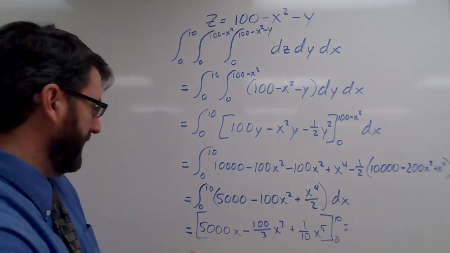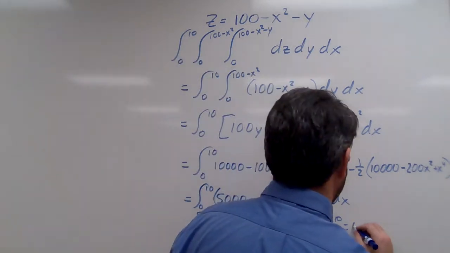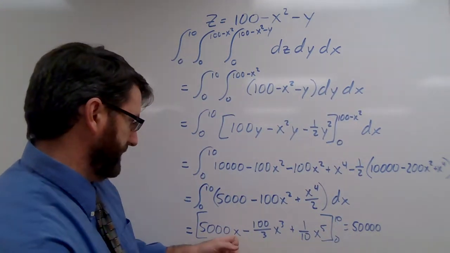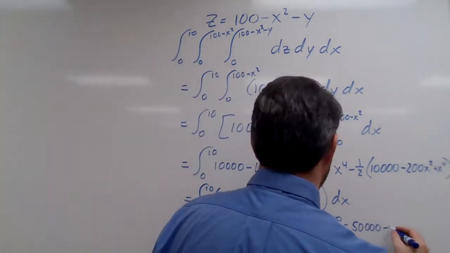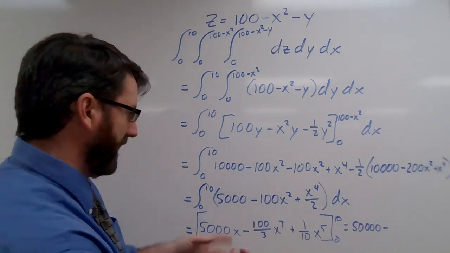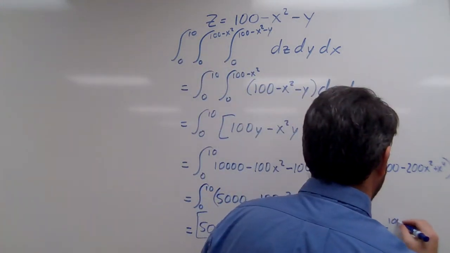All right. So 5,000 times 10 is 50,000. And minus, 10 to the third is 1,000, so this is 100,000 over 3.